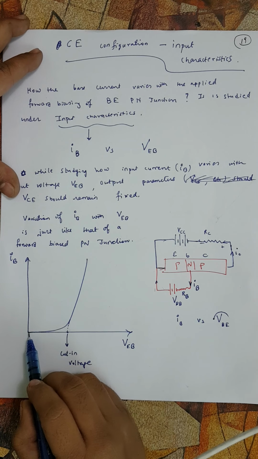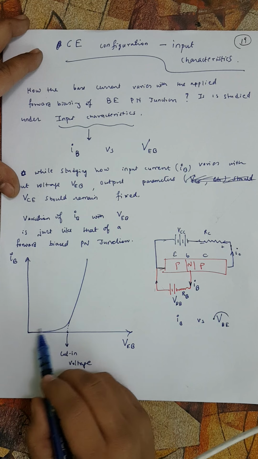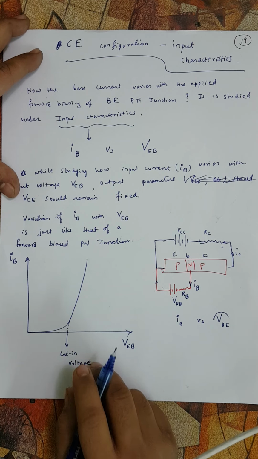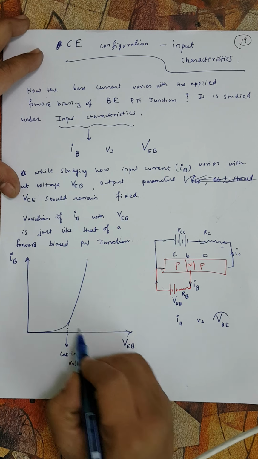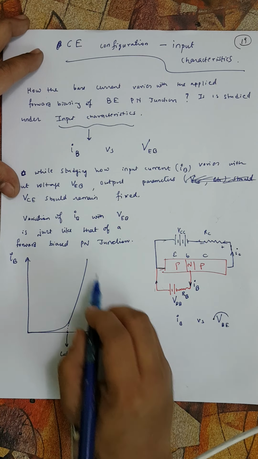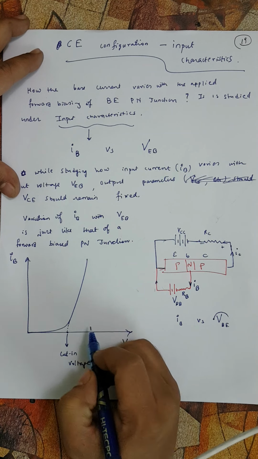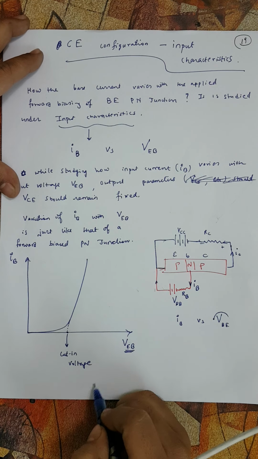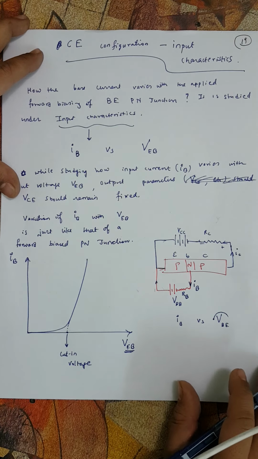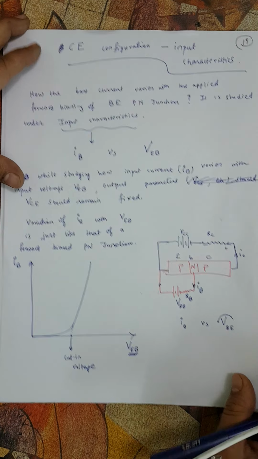Until the cut-in voltage, there is very little current, as you know very well. We discussed this in diodes forward bias, and then the current suddenly starts to increase with VBE. So this is what is written here. Let's move forward.